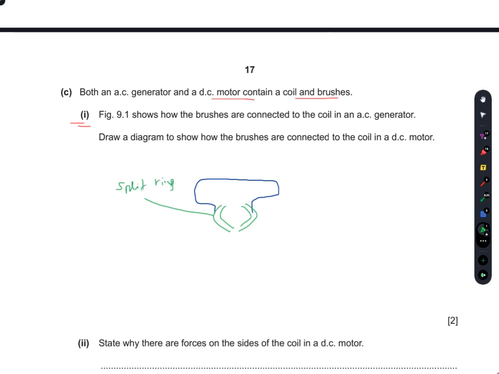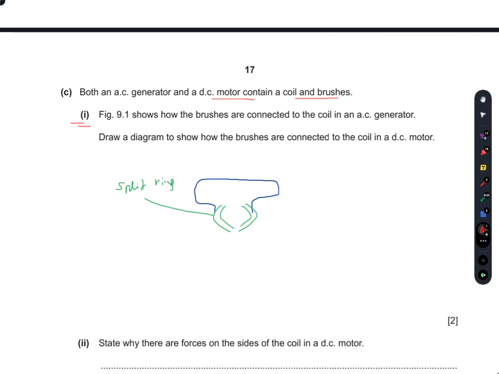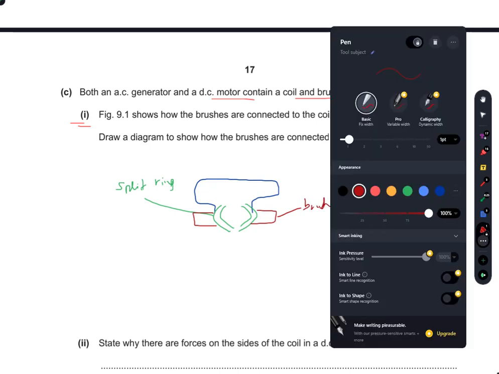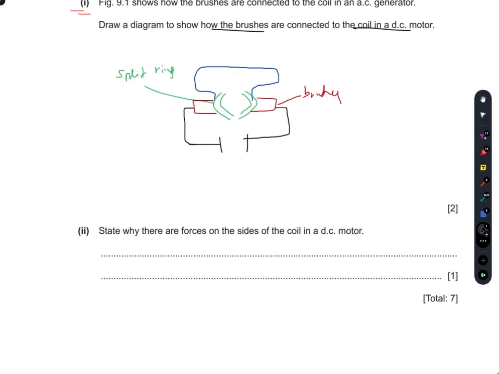This is the split ring, and then you draw the brushes which are in contact with the split ring. So these are the brushes, and then you draw your power supply. So this is how the brushes are connected to a coil in a DC motor.